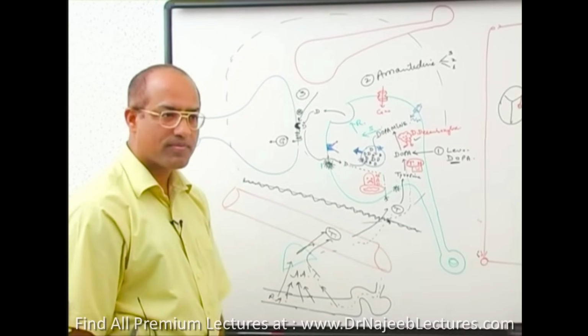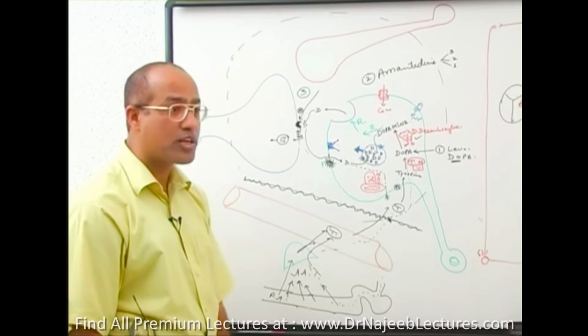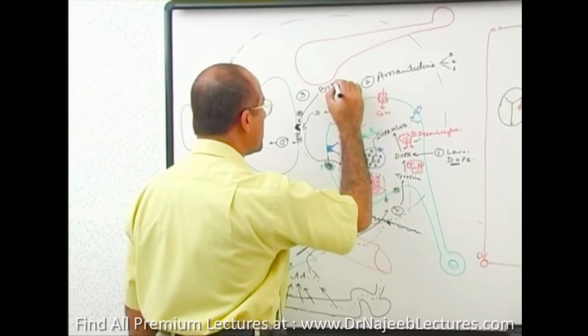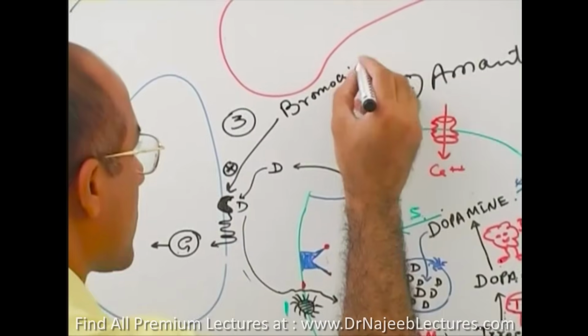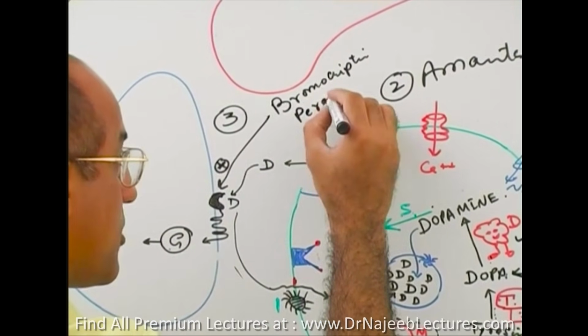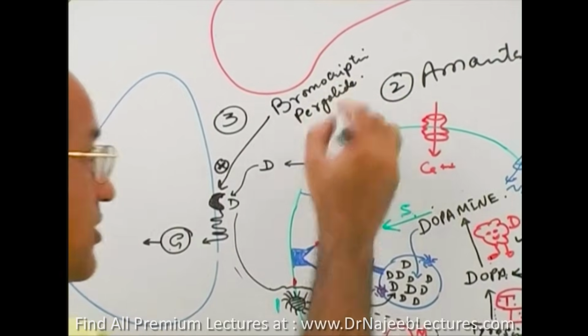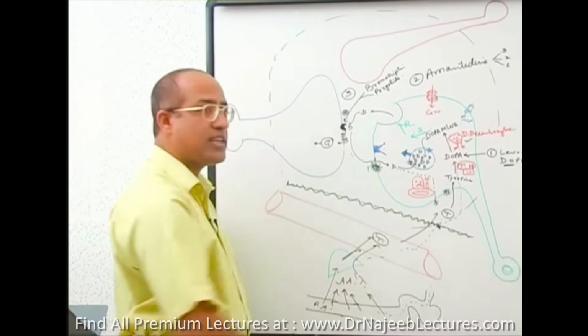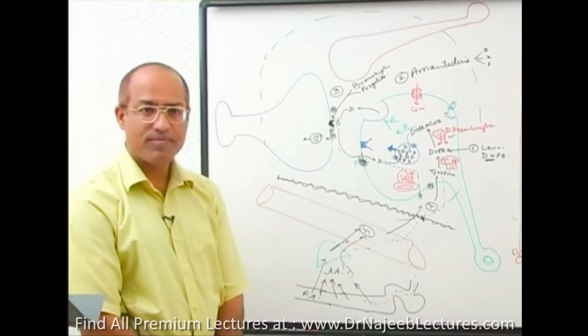Yes. Why don't you tell me, bromocriptine. Bromocriptine. Pergolide. These are two dopamine receptor agonists which are derivatives of ergot alkaloids.